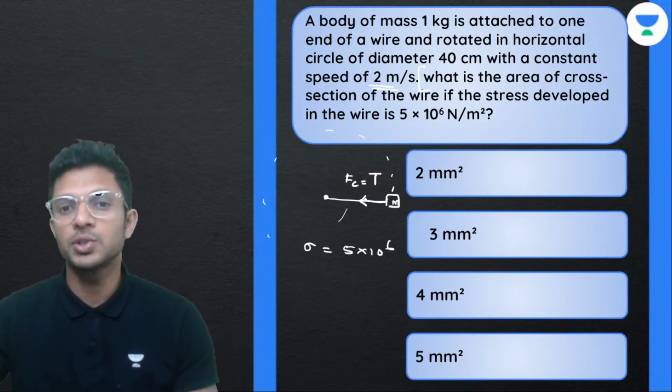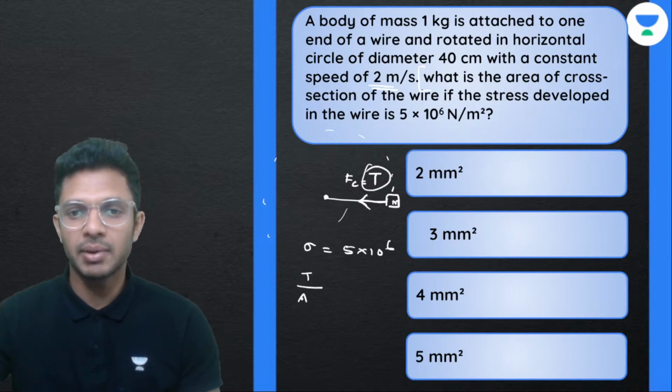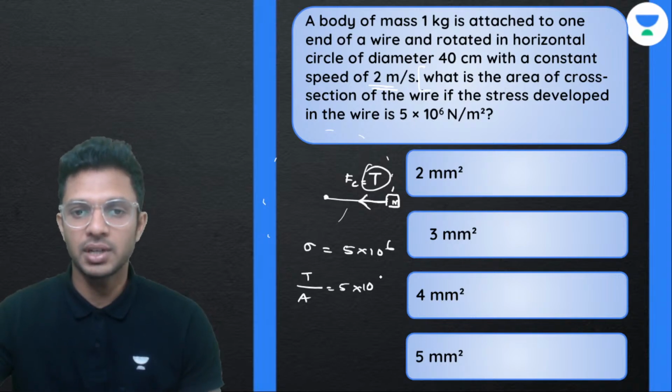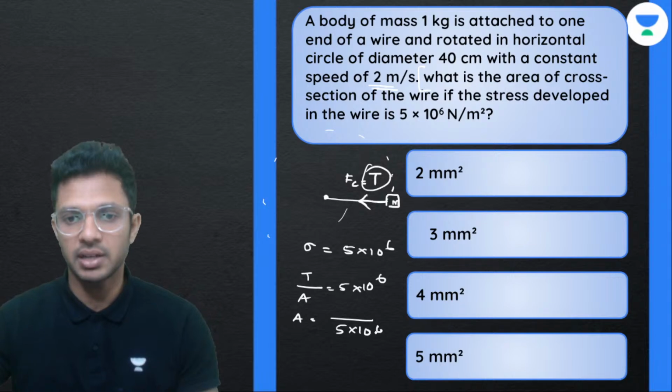And how much force is being applied on this particular wire? Equivalent to its tension, right? So tension divided by area is equal to 5 into 10 power 6, and area is equal to tension divided by 5 into 10 power 6. Isn't it?